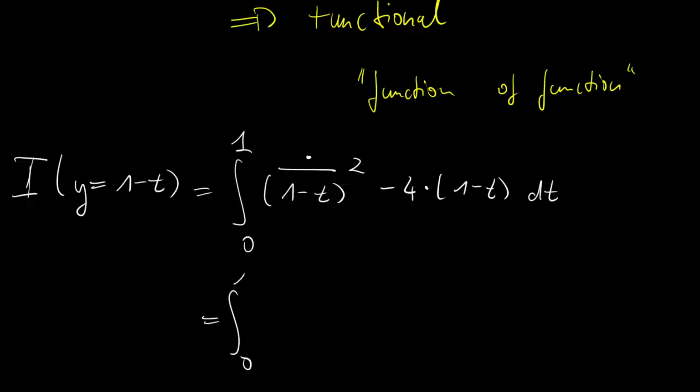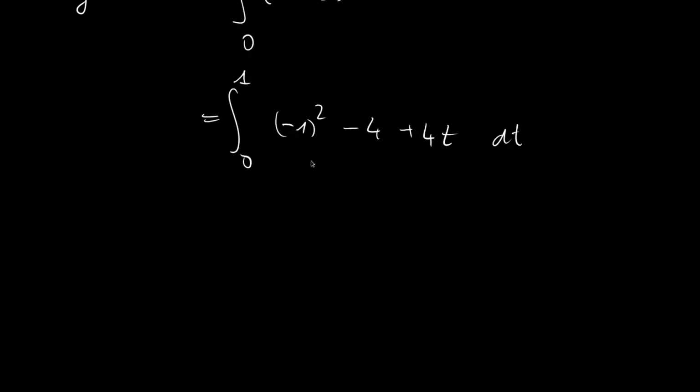Then the integral from 0 to 1. So let's first take the derivative. 1 minus t with respect to t will be minus 1, in brackets squared, minus 4 plus 4t dt. And then we get the integral from 0 to 1. Minus 1 squared will be 1, and 1 minus 4 will be minus 3, plus 4t dt.